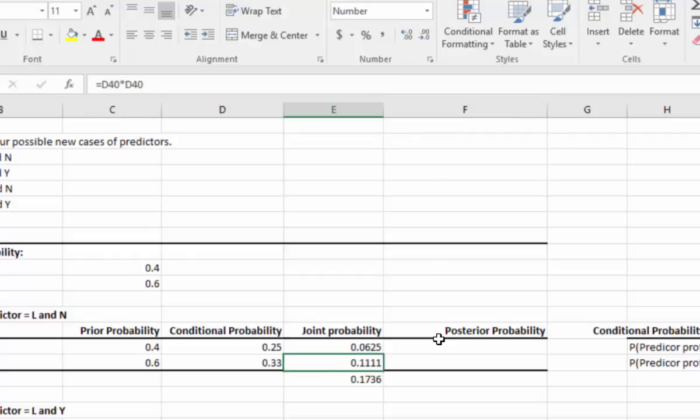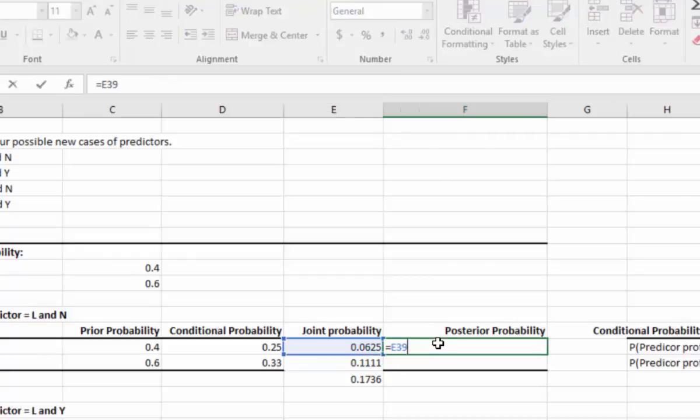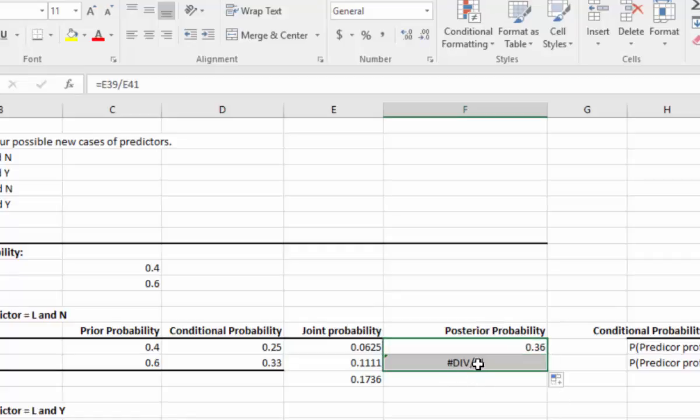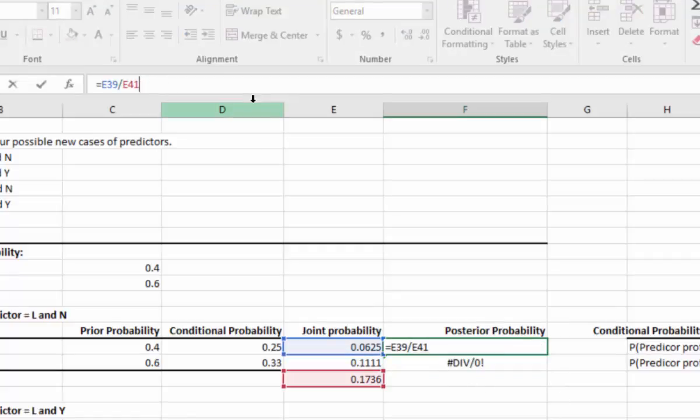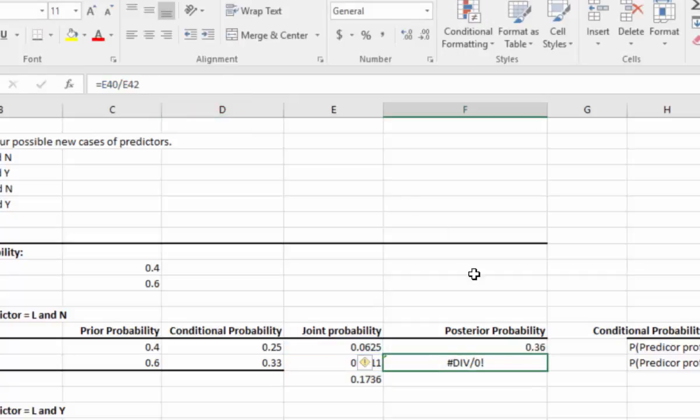Now divide that into the joint probability, and you get the posterior probability. Oh, I forgot, I need to make that an absolute reference. Put the border back. So now these are our propensities for the predicted profile L and N.